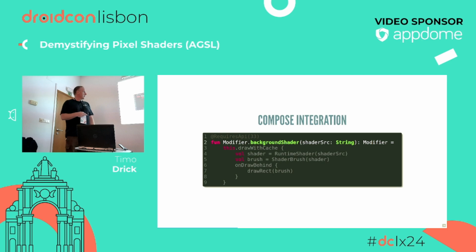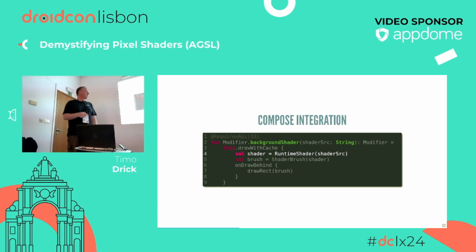And when you have the string, you can create a modifier to show your shader. And here I use this drawWithCache. This is not a new API. This is just the normal Compose API for drawing on a canvas. The new one is this RuntimeShader here. This was introduced in Android 13.